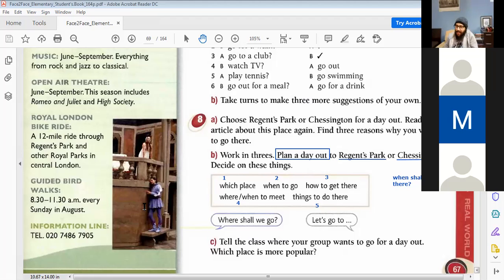Okay, so you can say here, Basma, would you like to go on a ride, or do you want to go on a ride, or are you interested? You can say, are you interested in the rides?